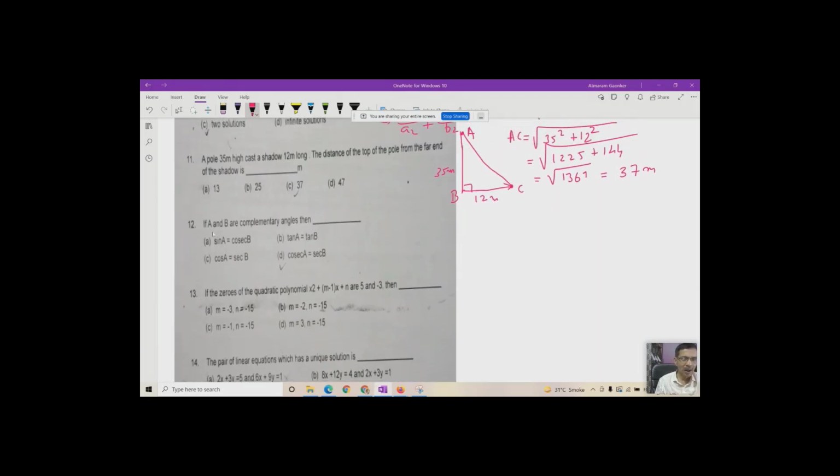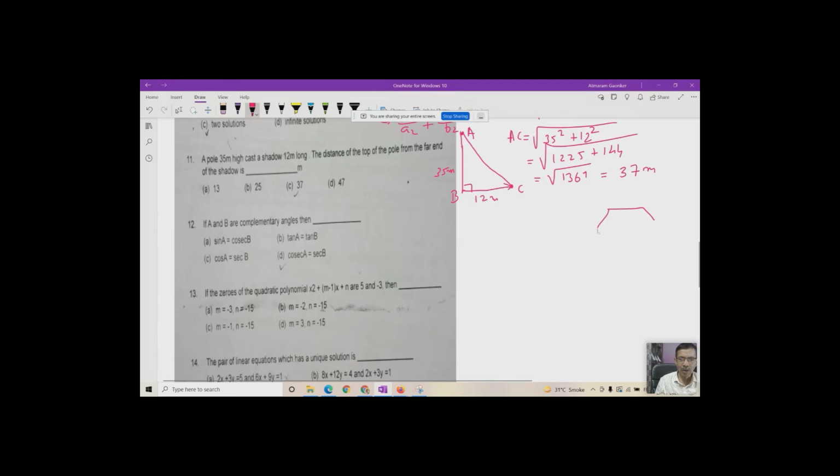Next is a very easy question. If A and B are complementary angles, then which is the correct option among A, B, C, D? This is based on co-functions. I had told you how to remember the co-functions.